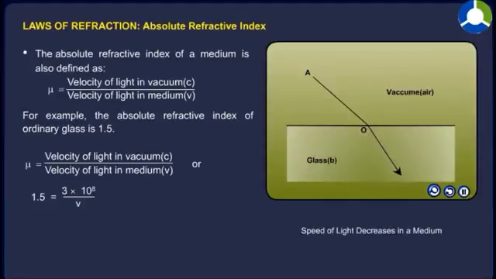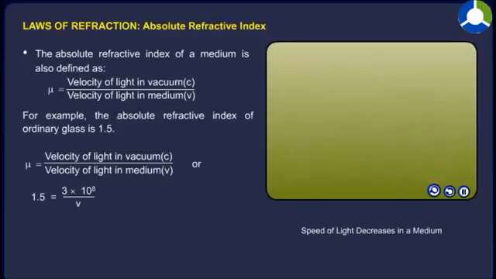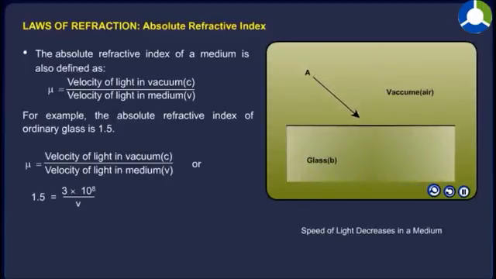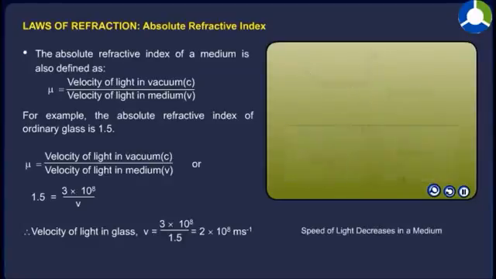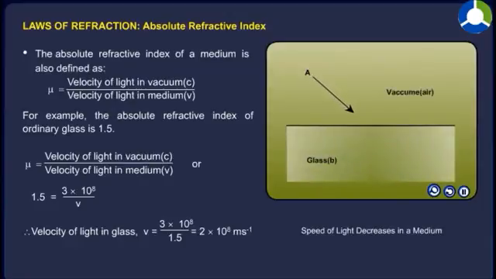Mu is equal to velocity of light in vacuum upon velocity of light in medium, or 1.5 is equal to 3 into 10 raised to the power 8 whole upon V. Therefore, velocity of light in glass V is equal to 3 into 10 raised to the power 8 whole upon 1.5, which is equal to 2 into 10 raised to the power 8 meter per second.